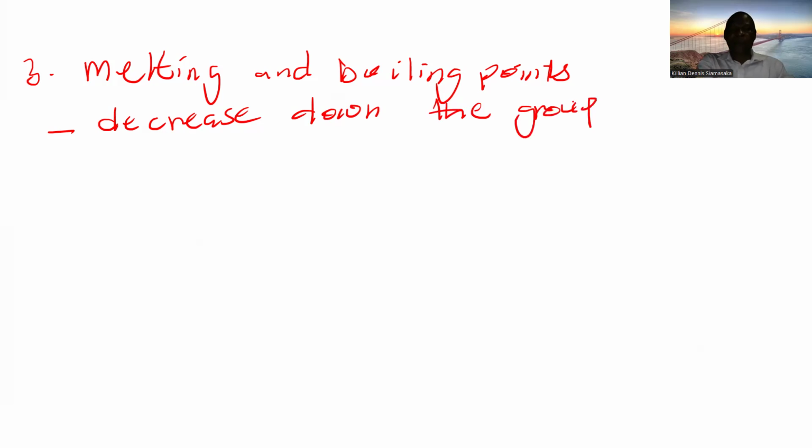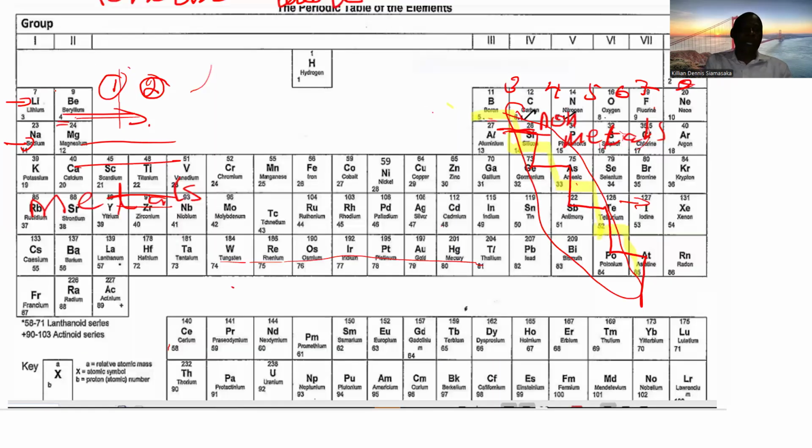In other words, what we are saying is that lithium here is going to have higher melting and boiling points. And then as you are going downwards, it is decreasing. So lithium has higher melting and boiling points than sodium.